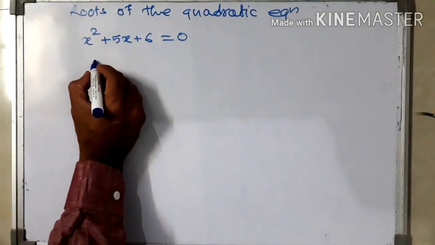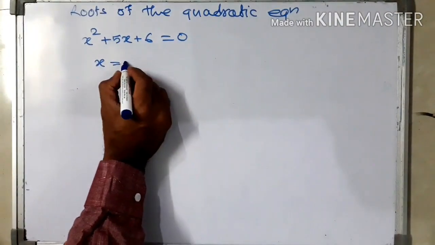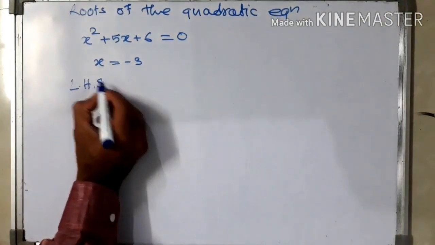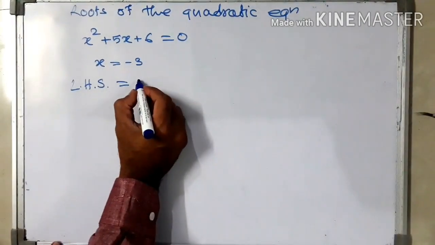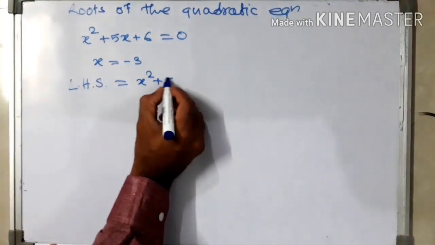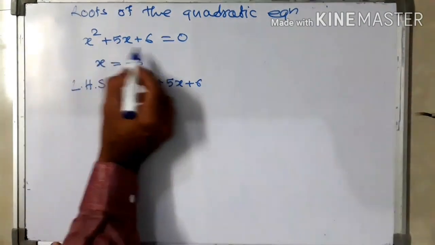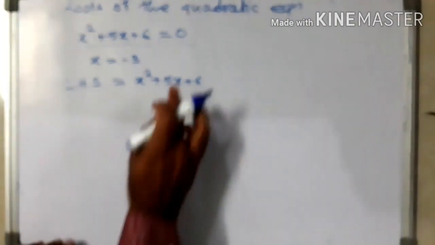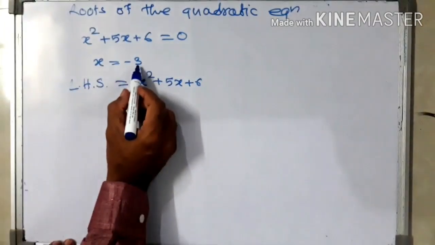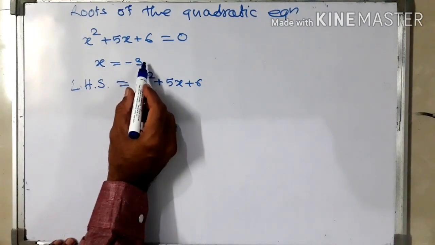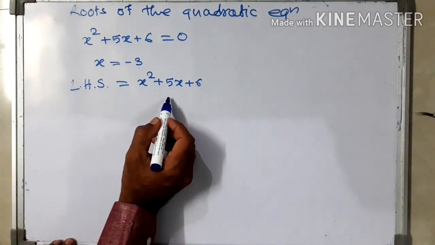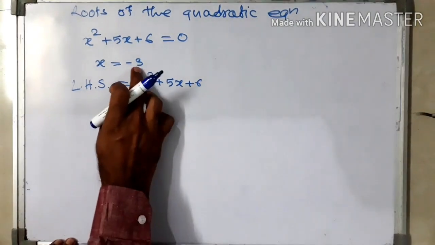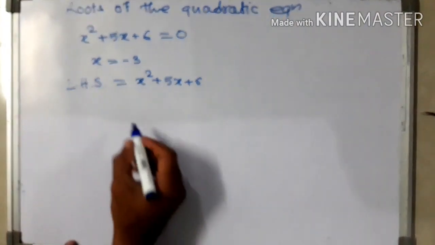Let us check. First we take the value of x as minus 3, x equals to minus 3. Take LHS, x square plus 5x plus 6. LHS means left hand side and this is right hand side. To check whether that value is a root or not, we must take the left hand side, and if the value of the left hand side is 0, then that value is called a root of that quadratic equation.